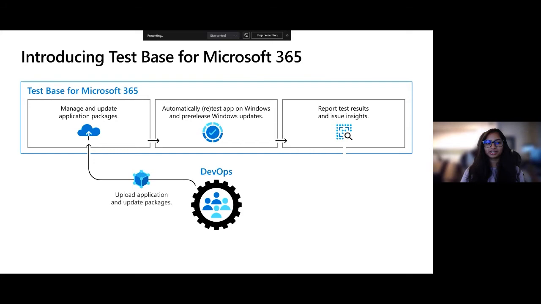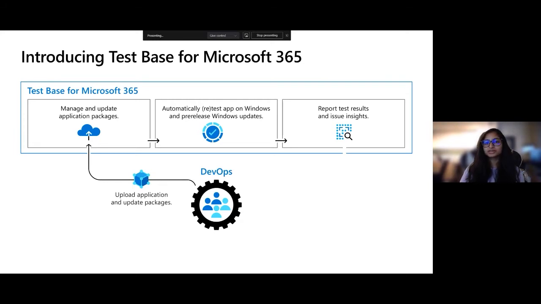When you upload packages for testing, these are desktop applications, you're automatically tested with Windows pre-release updates. Think about Windows security updates. We have pre-release testing for security updates and release testing for Windows feature updates. So now anytime you upload an application or anytime we receive a pre-release build, your applications are automatically tested and validated with the latest updates.